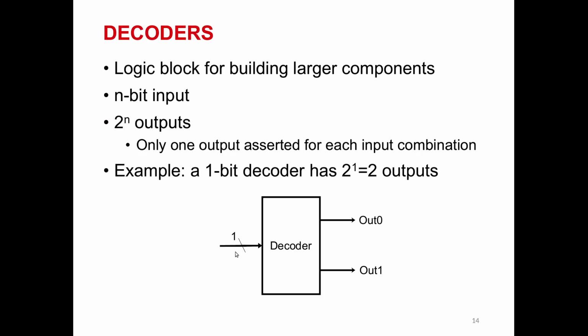So for example, if the input value here is 0, the output 0 will be set to 1 and the output 1 will be 0. And if the input value here is 1, output 0 will be 0, while the output 1 will be set to 1. After that this output will be used to select some part of the logic, some parts of other devices or other logic, and that is why it's called a decoder.